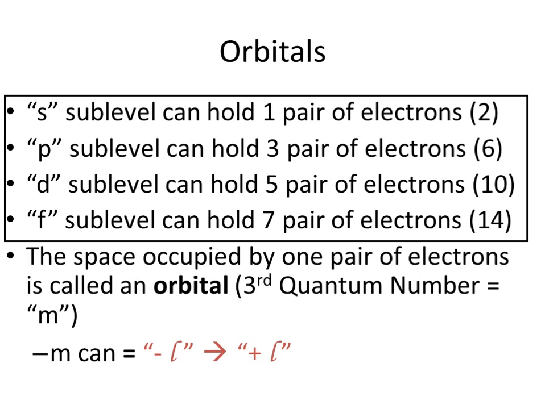So in a P sublevel, with its 3 orbitals, you would label those orbitals -1, 0, and +1 from left to right. For a D sublevel, l equals 2. So when you label those 5 individual orbitals, starting at the very left, you would have -2, -1, 0, +1, and +2. And that pattern works for the F sublevels as well.